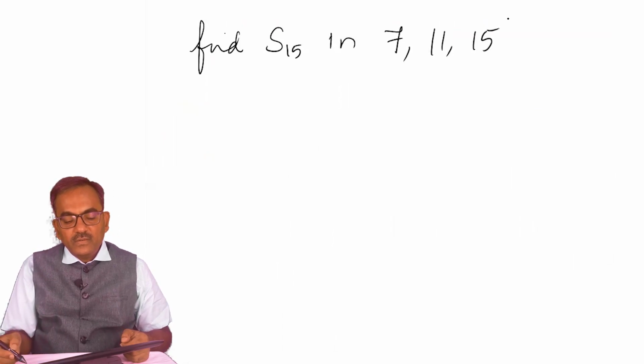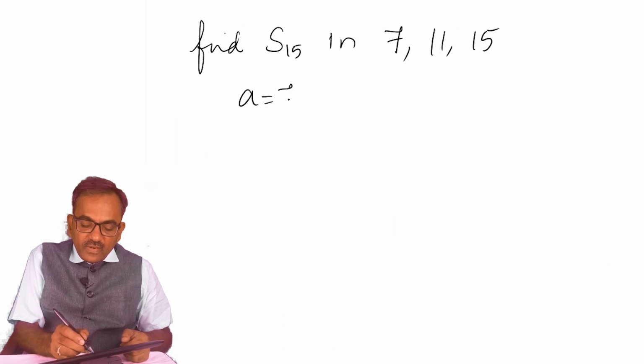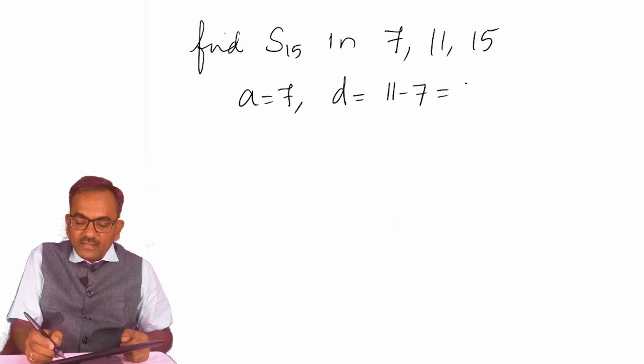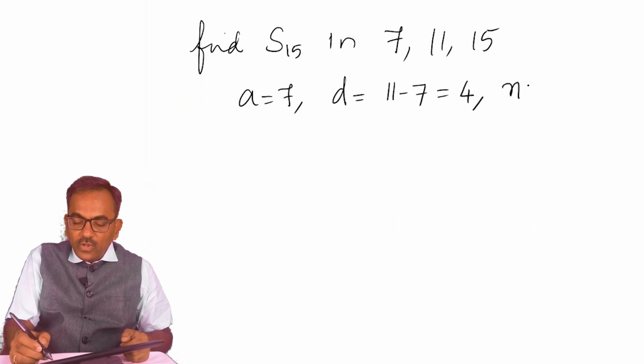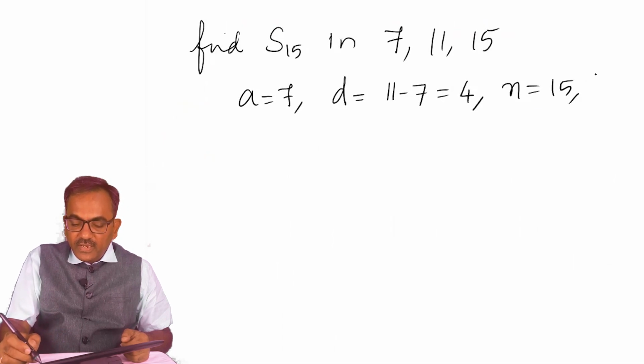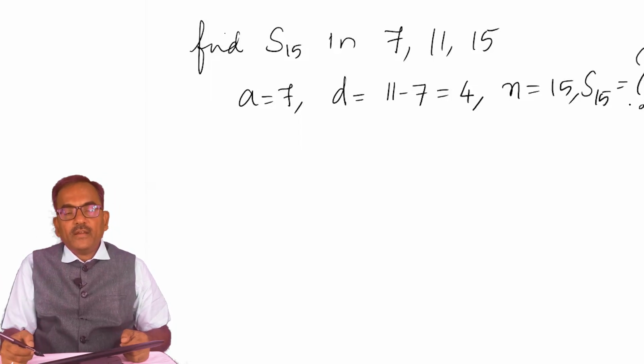Okay children, so how do you move about? We have A is equal to 7, D is equal to 11 minus 7, that is equal to 4, N is equal to 15, S15 is equal to big question mark.